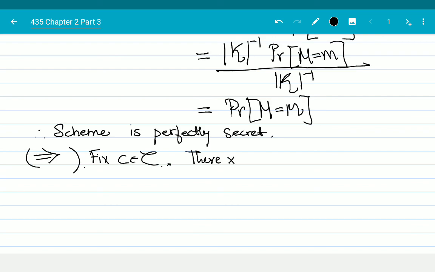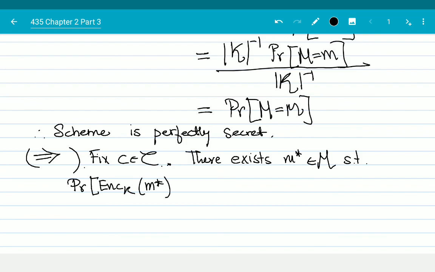There exists M star belonging to M such that the probability of M star when encoded is c is not equal to 0.